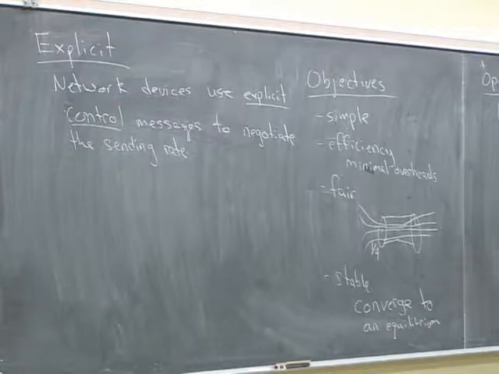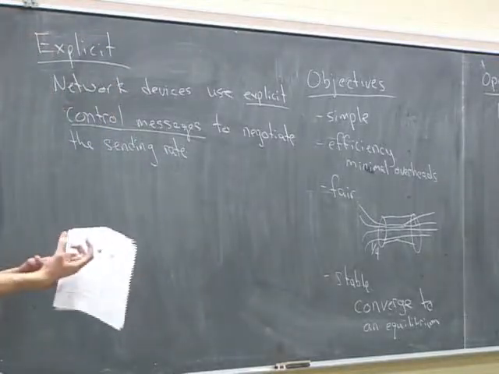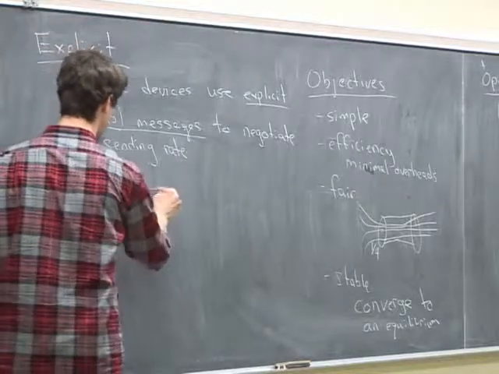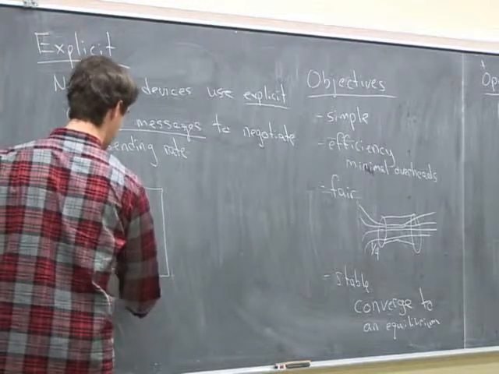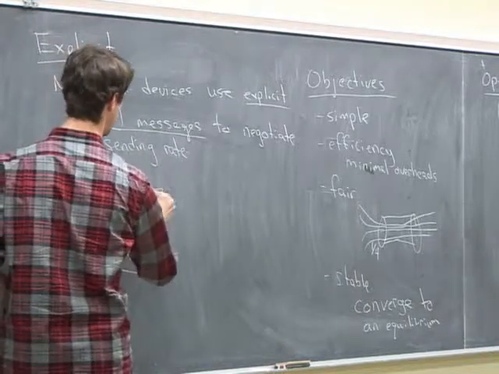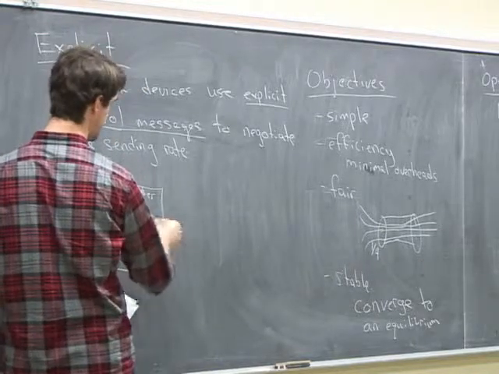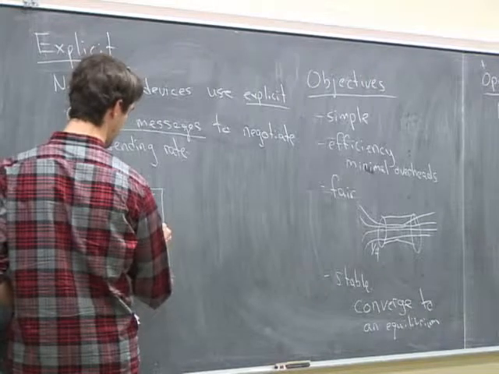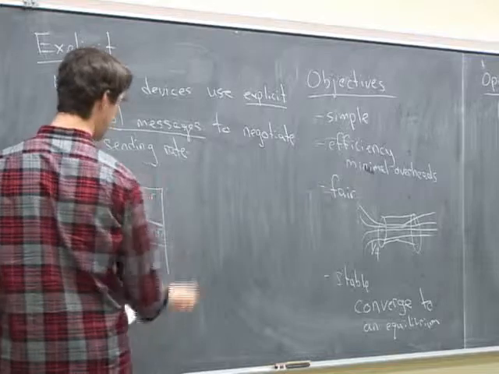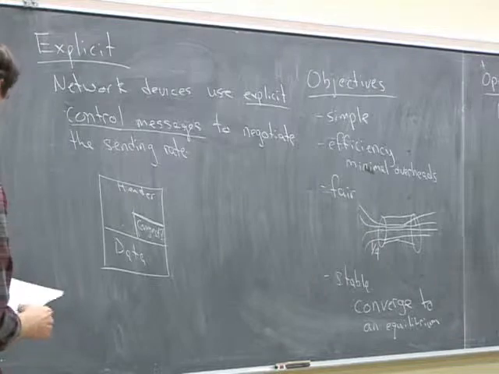What I mean by these explicit control messages is that these are actually put into the headers of the packets. So if we send a packet here, we have the data, we have the header. In the header, there's some field that says, for instance, is there congestion in the network? We'll look at that a little more.